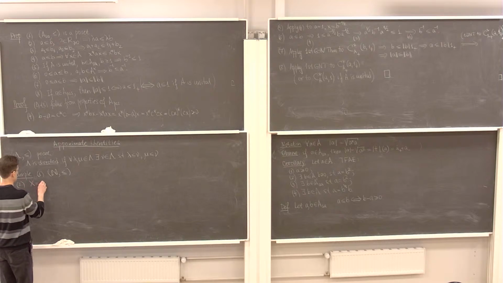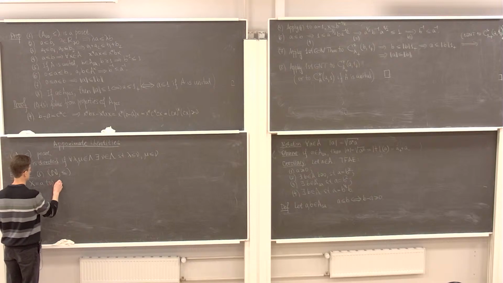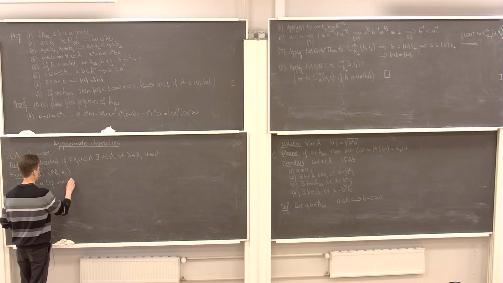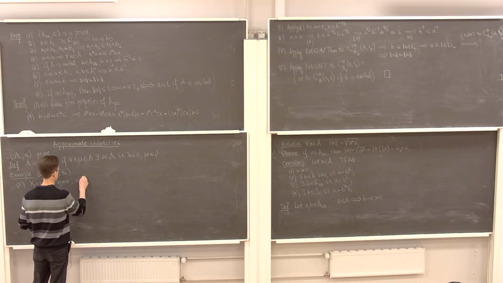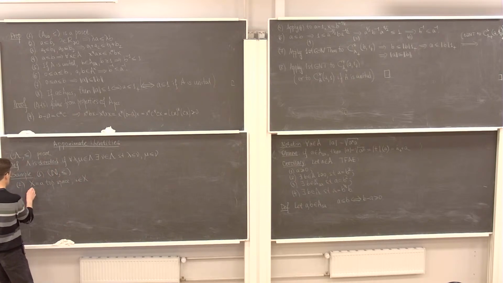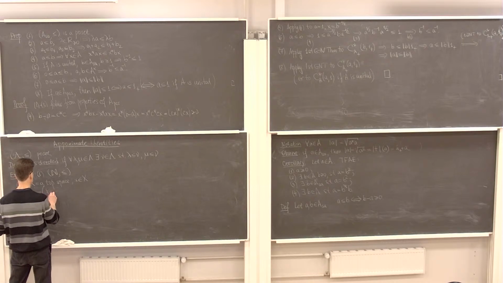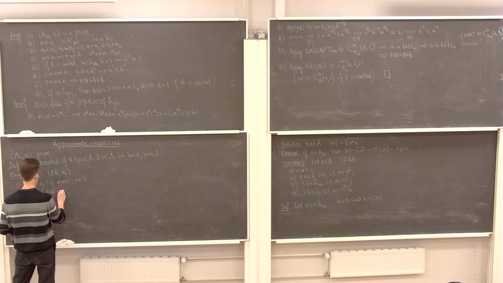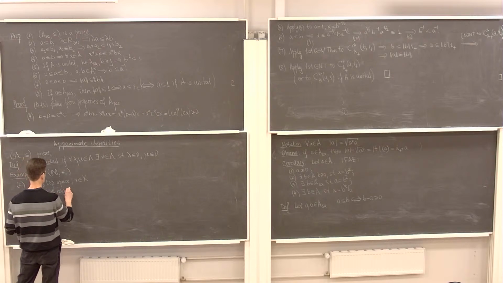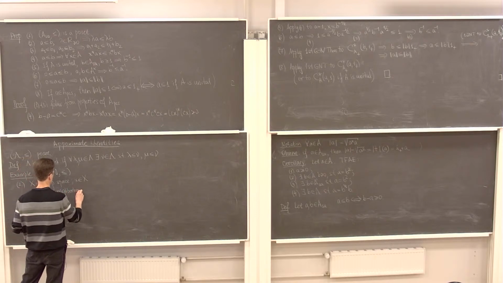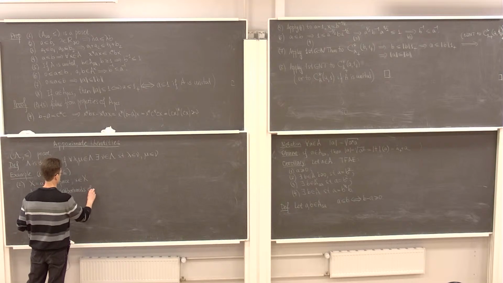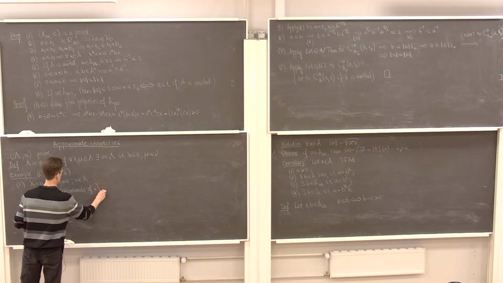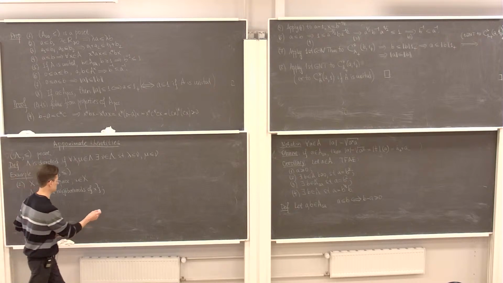We start with a topological space X. We take a point, little x, and we denote by lambda the collection of all neighborhoods of this point. The order relation is the opposite inclusion.